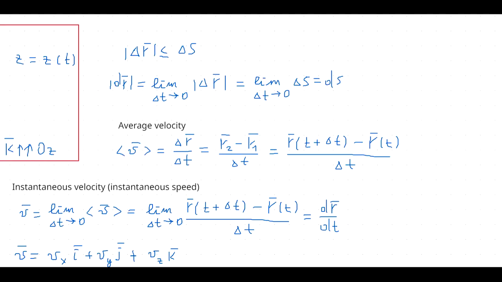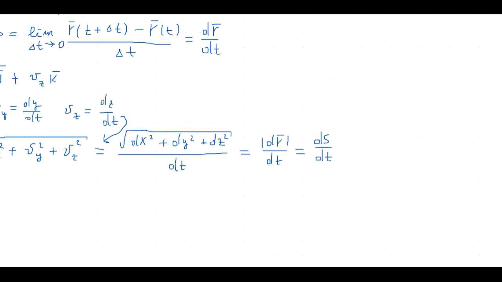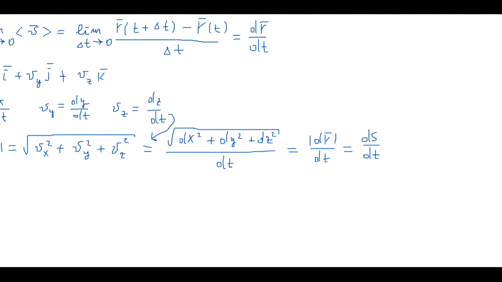So it can be written as ds by dt, the first derivative of path length. Okay, do you have any questions about this?